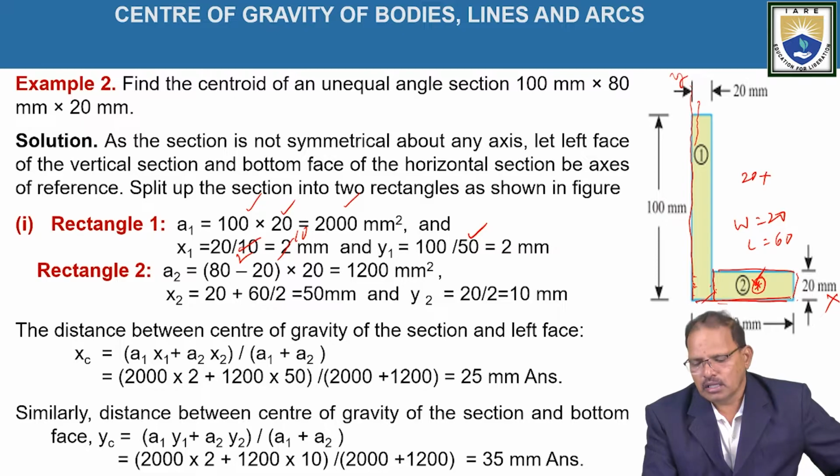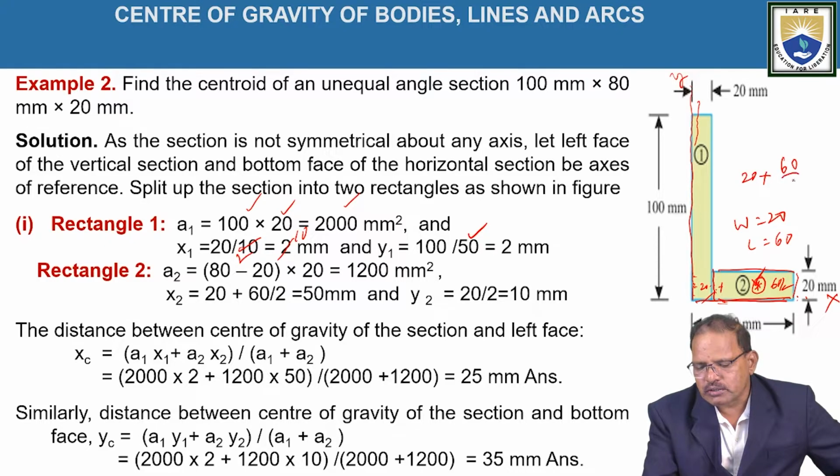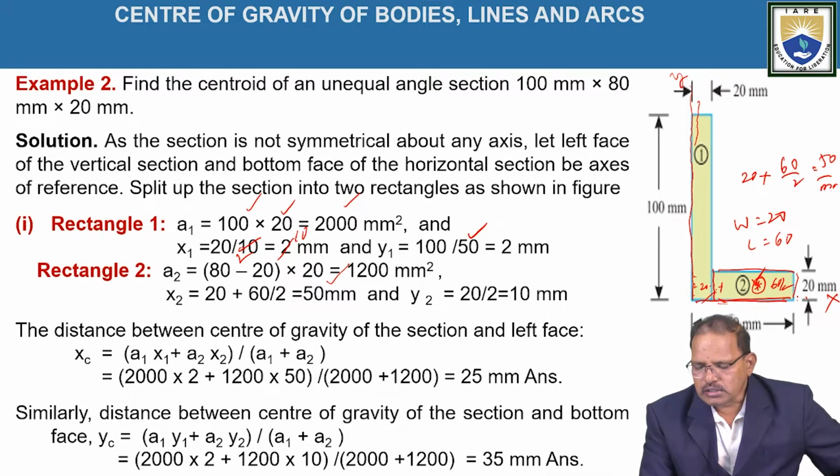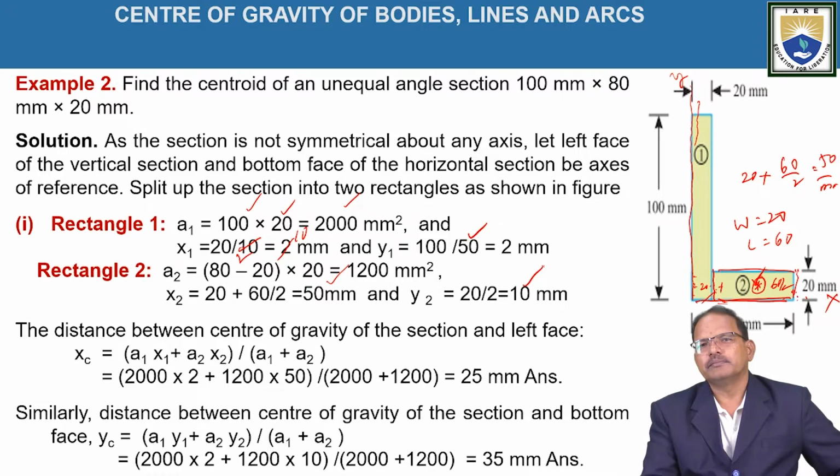Hence 20 plus the remaining 60 by 2, that is 20 plus 60 by 2, which is equal to 50 mm. That is, x2 is equal to 50 mm. Similarly, y2 is in the middle of 20 mm, so y2 is equal to 20 by 2, which is equal to 10 mm.